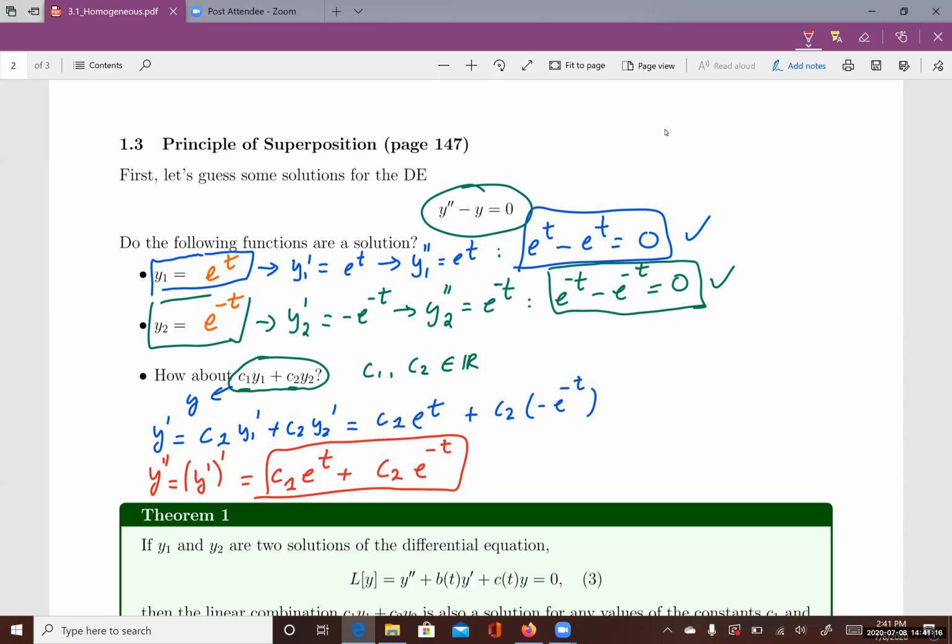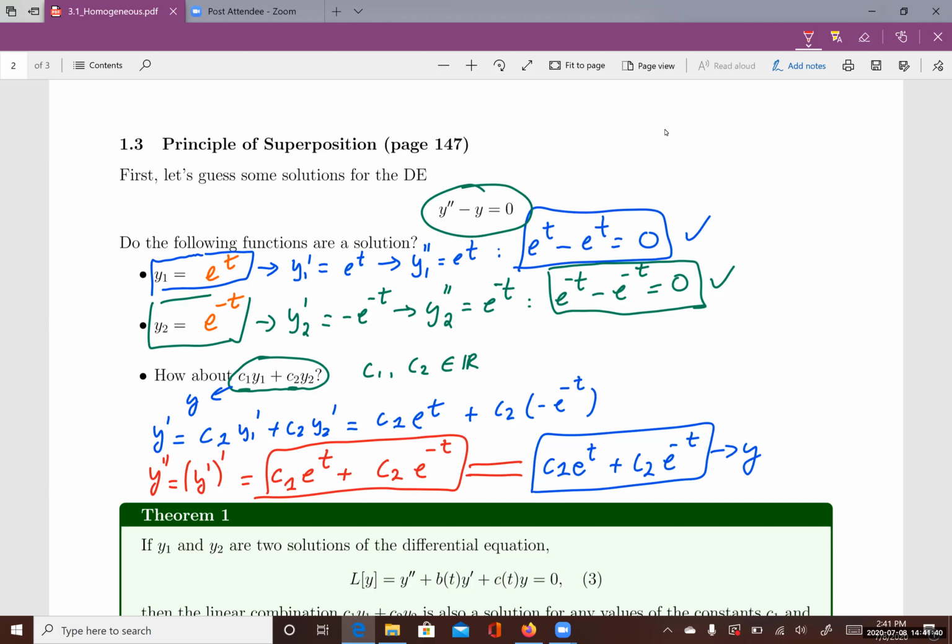And this is the same as my y. My y is c1 y1, which is c1 e to the t, plus c2 e to the negative t. So this is y double prime, and these are the same functions.